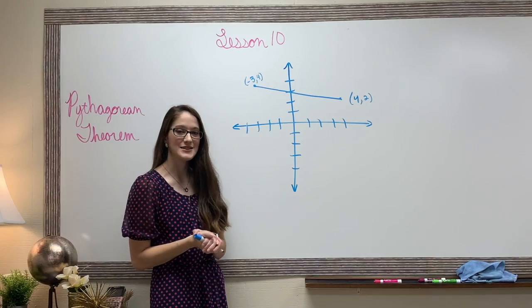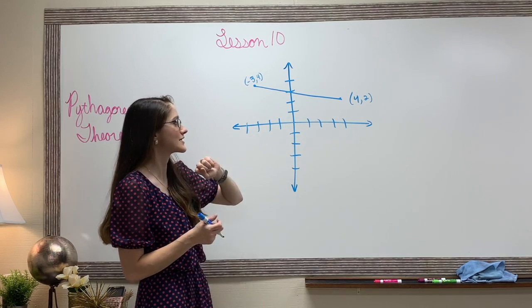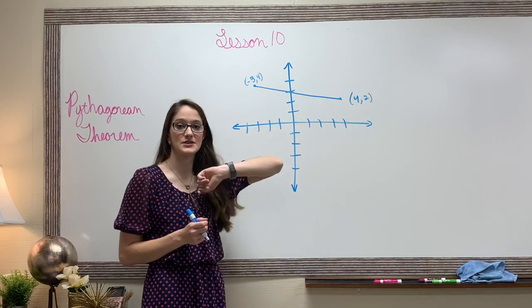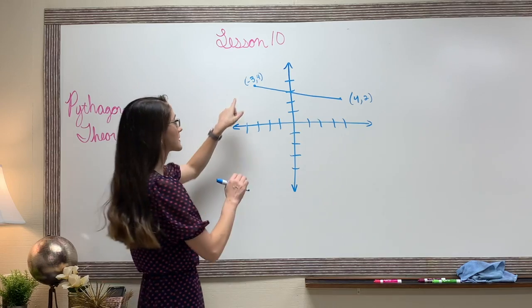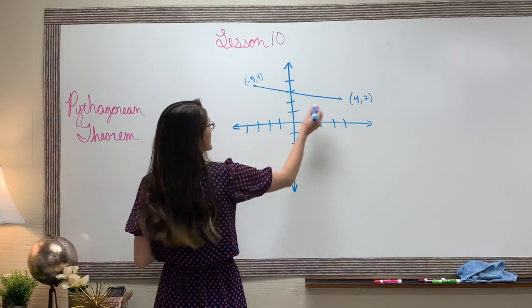Okay, our next example gives us 2 points on a coordinate plane, and it says they want us to use Pythagorean Theorem to find the distance between these 2 points. So what I'm going to do is take this and make it be my hypotenuse, and I need to create the 2 legs of my triangle.